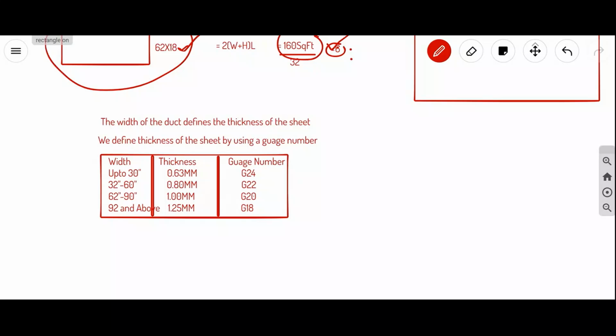Maybe nitrile rubber, maybe a XLPE, cross-link polyethylene. XLPE insulation that will be used in the hospitals mostly, where fiberglass we can't use there.